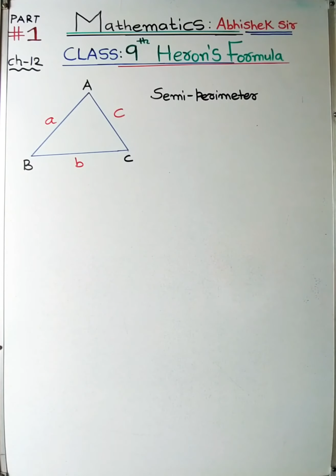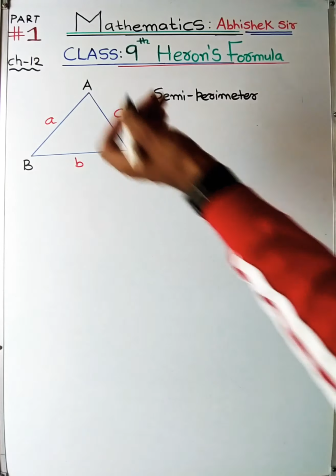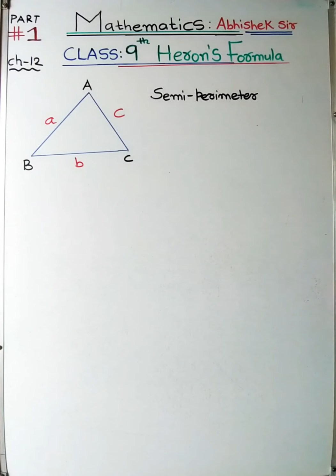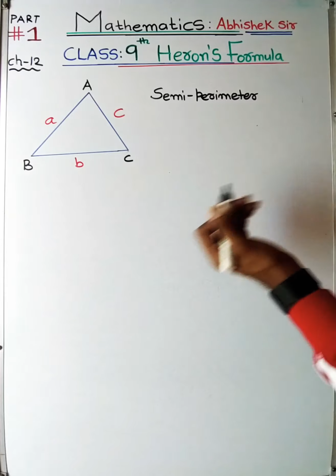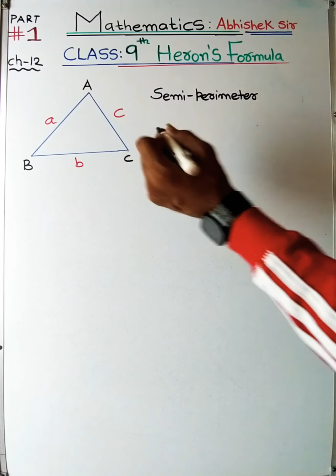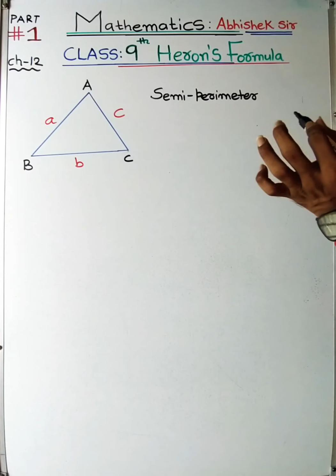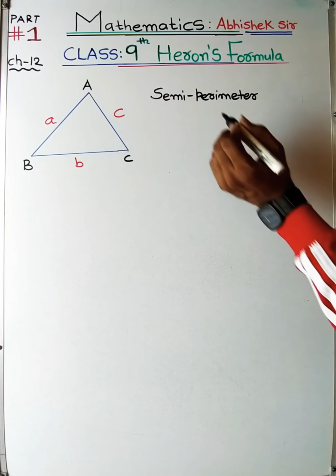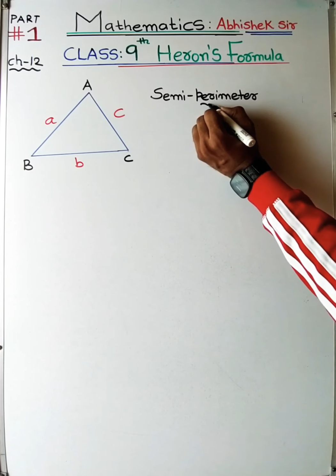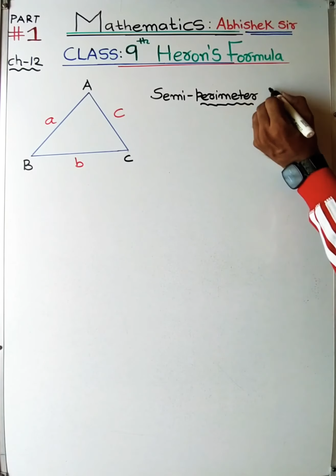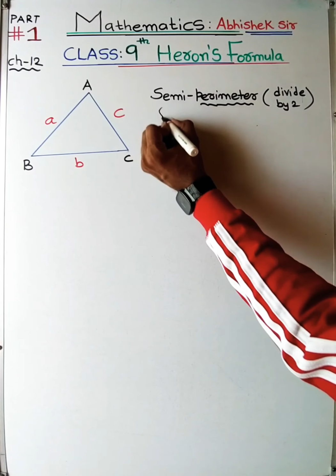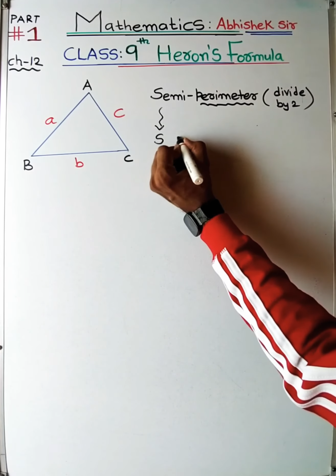Clear? So let us assume a scalene triangle where all three sides are different. They might have different values of measurements. To find semi-perimeter, what we have to do is to just divide the perimeter by 2. Semi-perimeter is shown by small s.